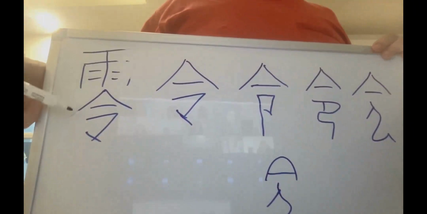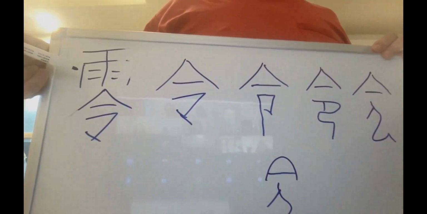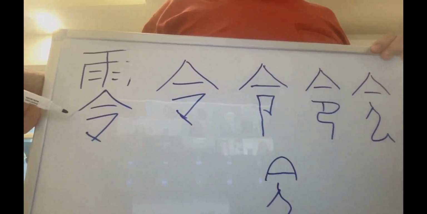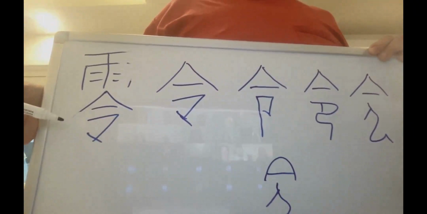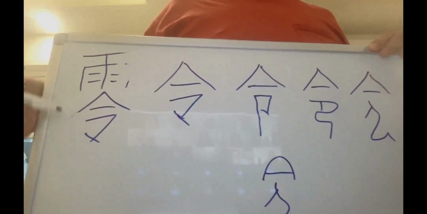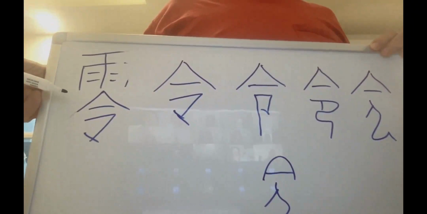This character has a rain on top and a phonetic ling on the bottom. The character originally meant drizzling rain, but it also means zero because it's pronounced the same.